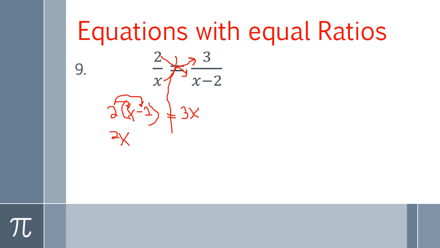And 2 times negative 2 is negative 4. It's going to be equal to 3x on the other side.